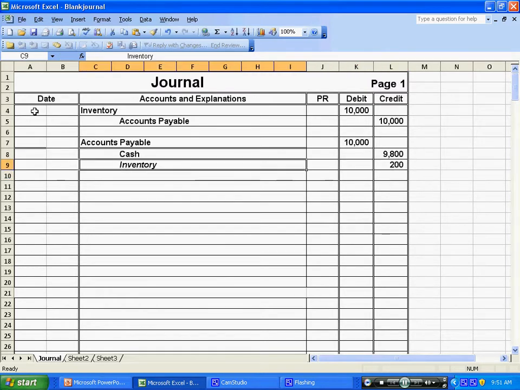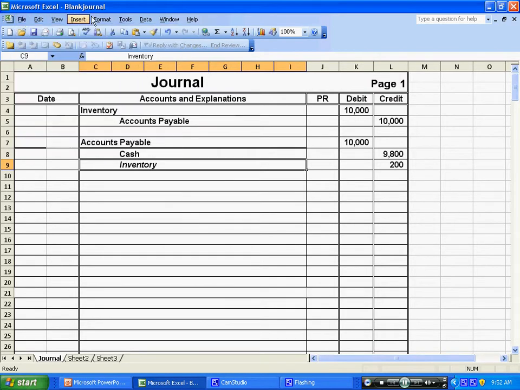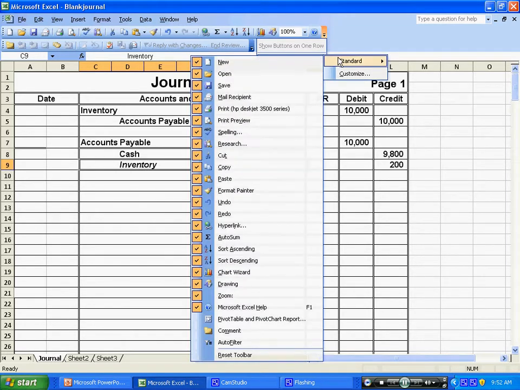$9,800, and then the difference between the debit for the accounts payable and the credit for the cash is going to be a credit to the inventory. Now you're going to say, Mr. Cunningham, why is it a credit to the inventory? It's a credit to the inventory because, remember, under the cost principle, we have to record things at what they actually cost us.